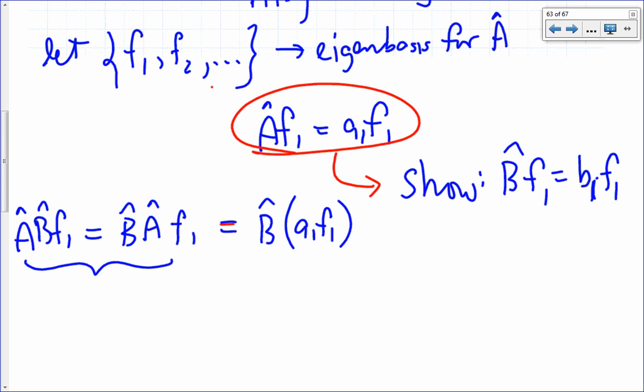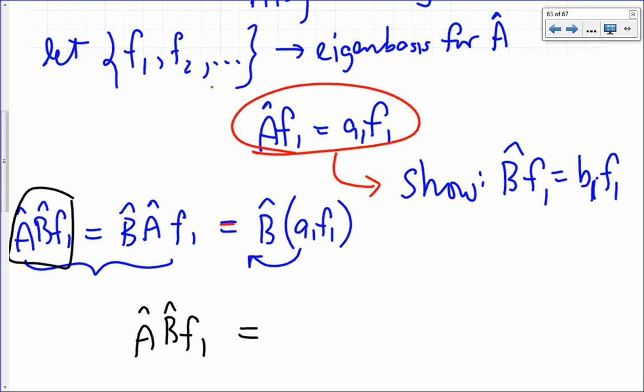Because A and B commute. I know that, right? You still with me? Okay, now I can move my A1 up front here, so I can say that this thing right here, A hat B hat F1, is equal to A1 B hat F1. Can you see that?